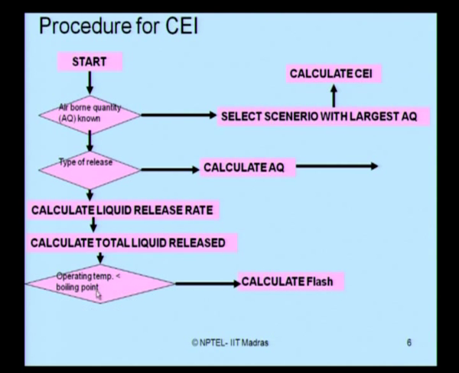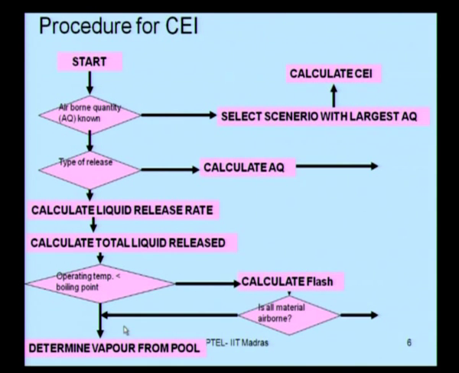If the operating temperature is less than the boiling point of the specific chemical, then calculate the flash or determine the vapor pool. Then also check whether all the material is completely airborne. If yes, then compute the AQ from the vapor pool, check the AQ for different scenarios, select the scenario with the largest AQ and find the chemical exposure index.